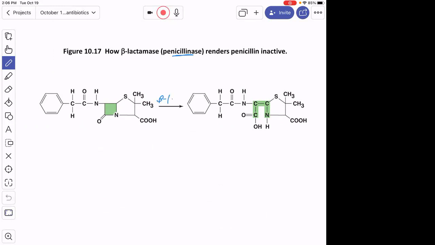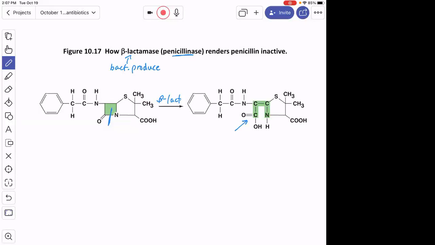Again, with this enzyme it's sometimes hard to remember who's doing what. Bacteria produce the beta-lactamase. Beta-lactamase acts on penicillin, a beta-lactam drug. It actually cleaves the beta-lactam ring right here and opens it up, so now it's not fitting into the active site of the transpeptidases anymore.